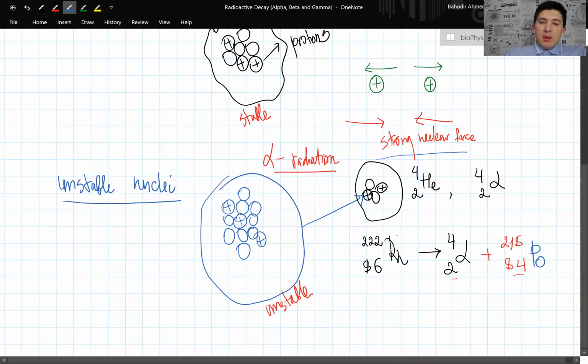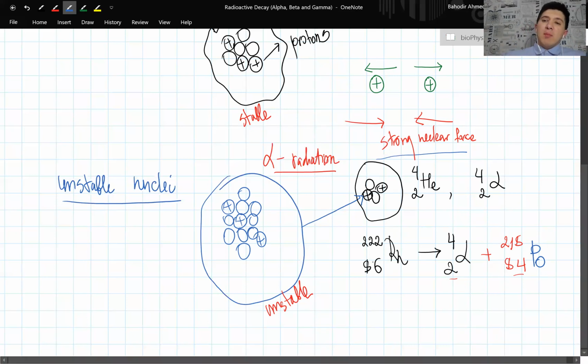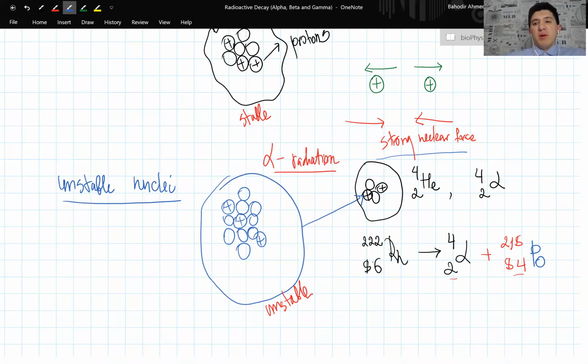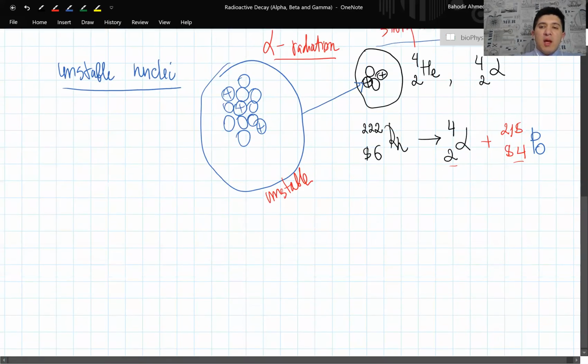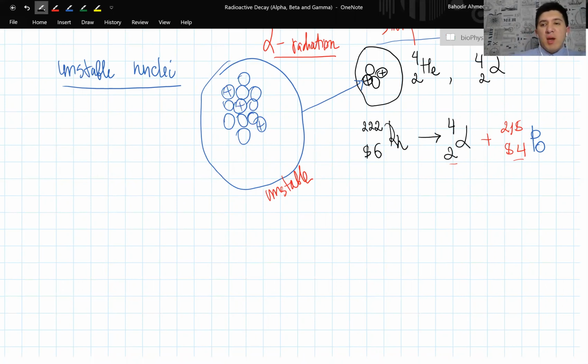So the radon becomes more stable by transforming from radon to polonium. And there are some particles, the alpha particles, which are emitted in this process, which we call alpha radiation.